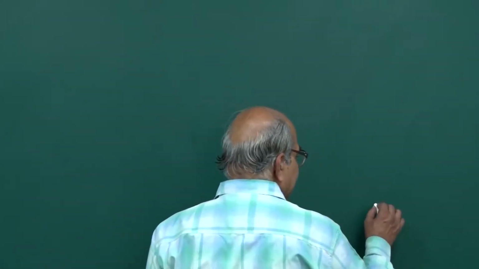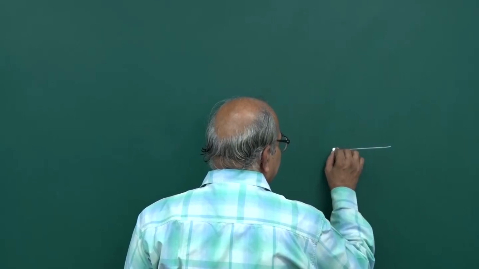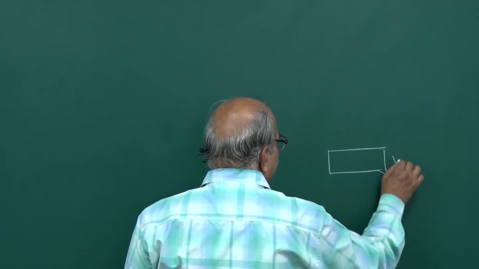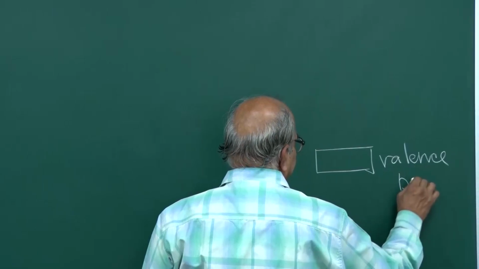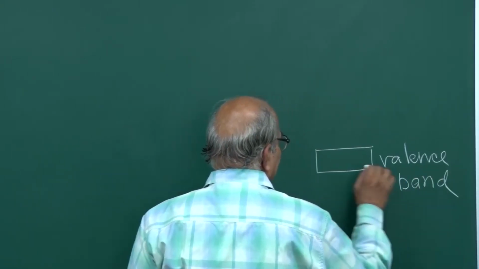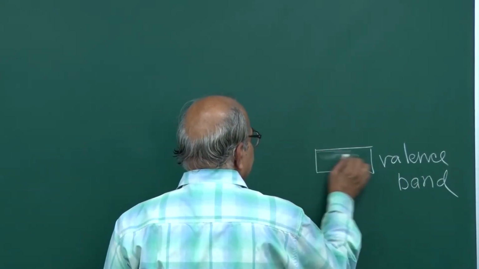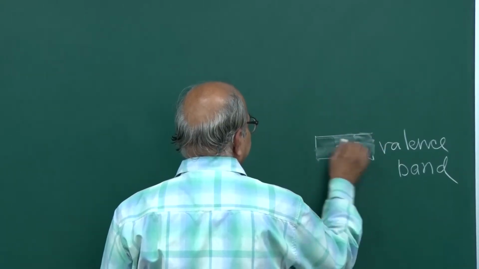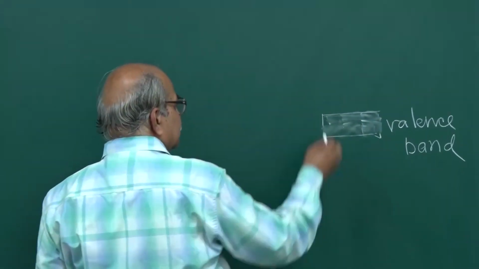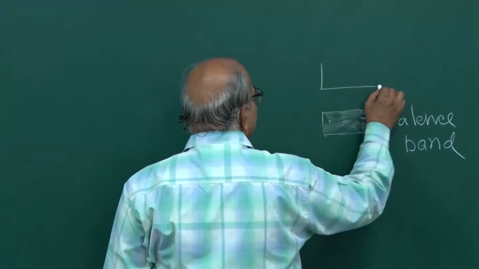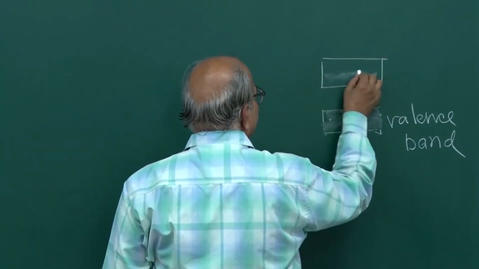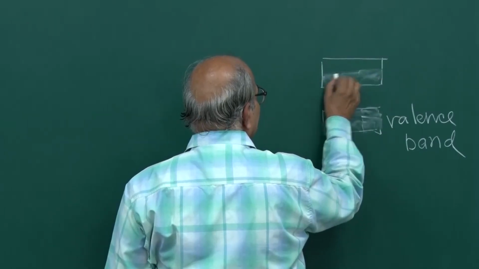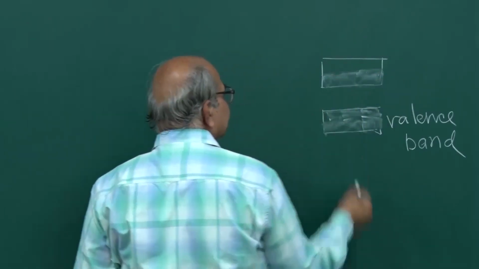So you can have a situation where you have a valence band, and by definition this valence band is completely filled. Okay, so this is the valence band, all these states are completely filled. And then you have the conduction band, which is partially filled. So this is one kind of situation, and I remind you, I am talking of low temperatures only.